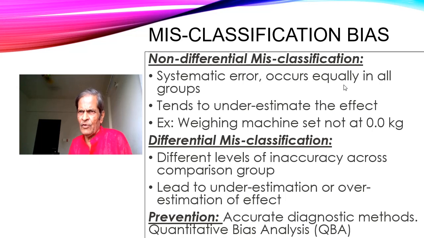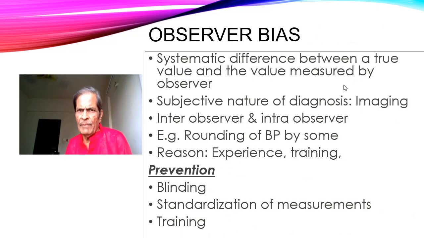What was the percentage of controls followed by the junior resident? This is called a quantitative bias analysis. The quantification of the variable is done, and this will minimize the misclassification. It will not totally eradicate the misclassification, but the misclassification bias will be minimized.